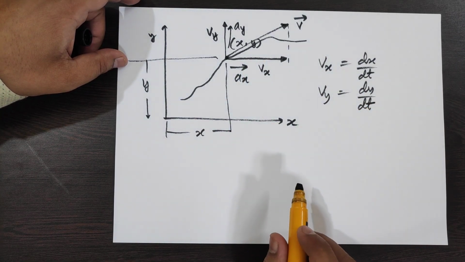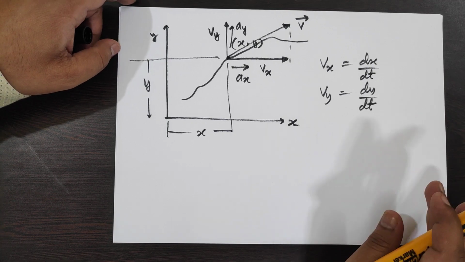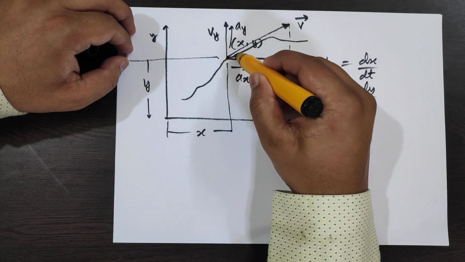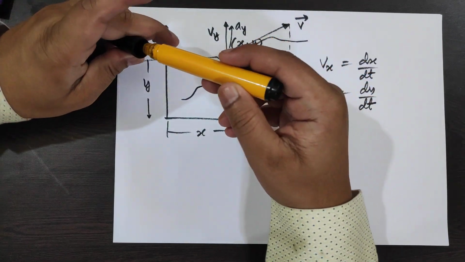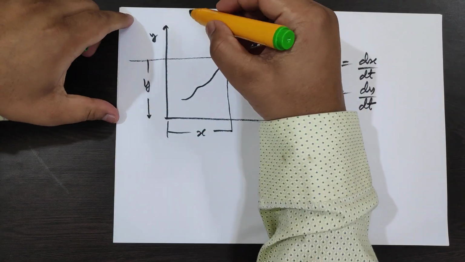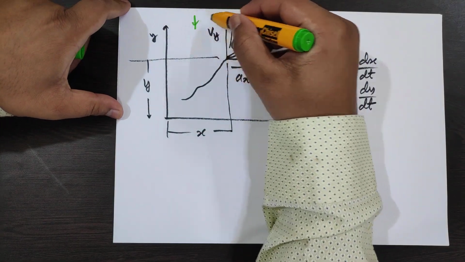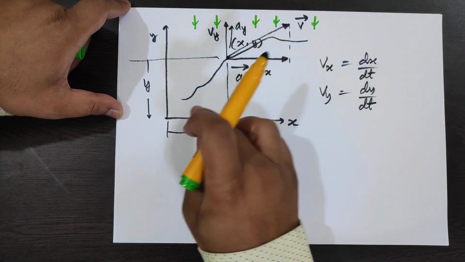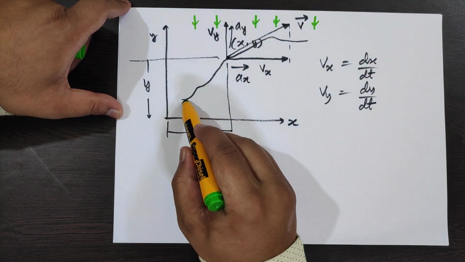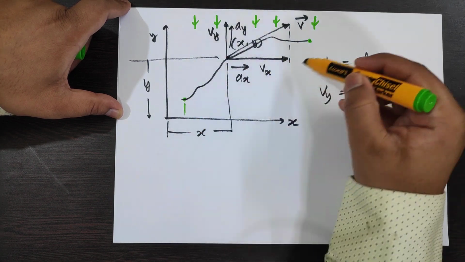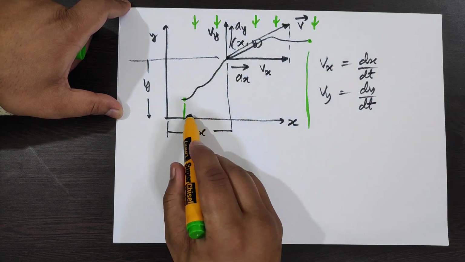Here, how we will deal with this two-dimensional motion is that as the particle moves in this path, we can split it into two one-dimensional motions. Let's say there is a light beam falling from here. As this particle moves along, say this is the starting point and this is the end point for a certain interval of time, you can see two one-dimensional motions.